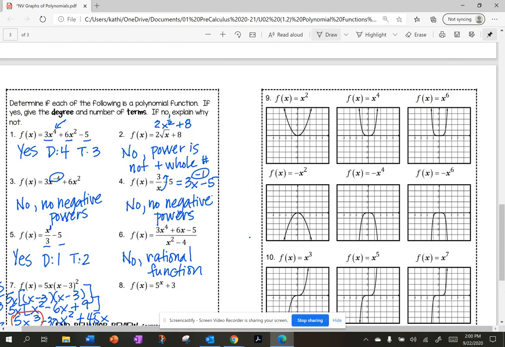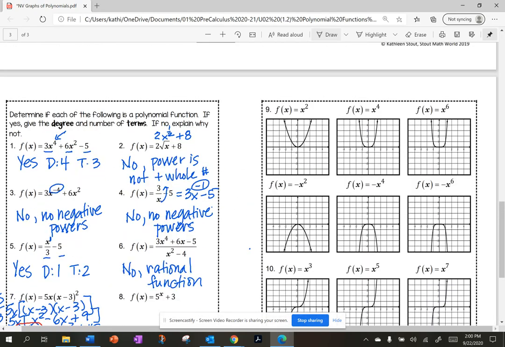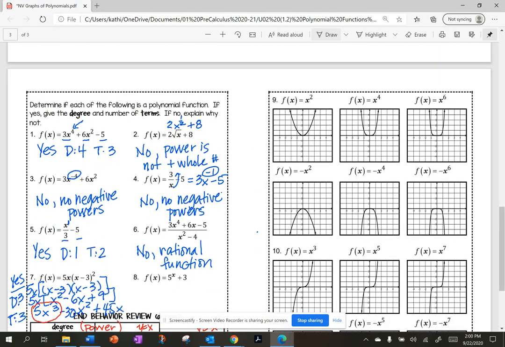If I'm looking at x squared, with a positive coefficient and an even power, I'm beginning and ending at positive infinity, no matter how many powers I have, as long as it's even. If I have a negative coefficient, I'm beginning and ending at negative infinity.